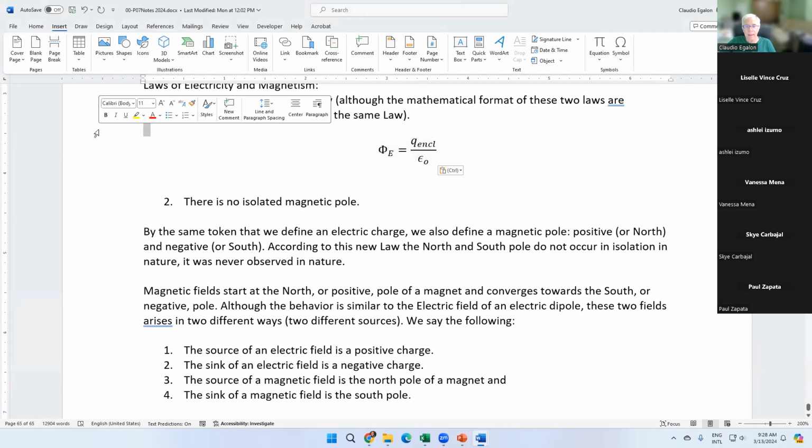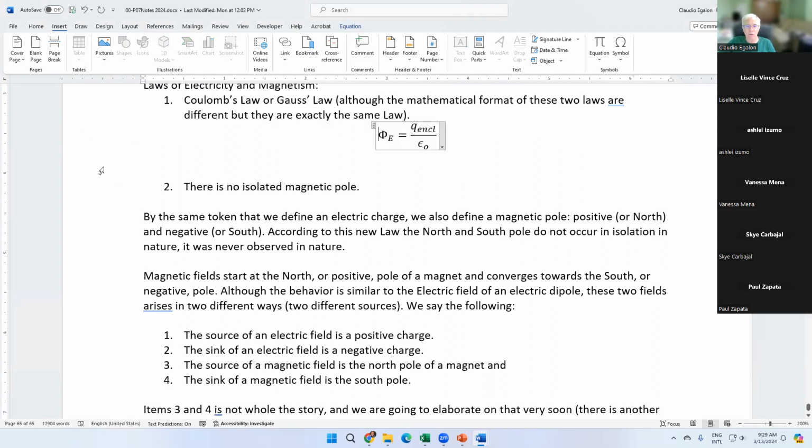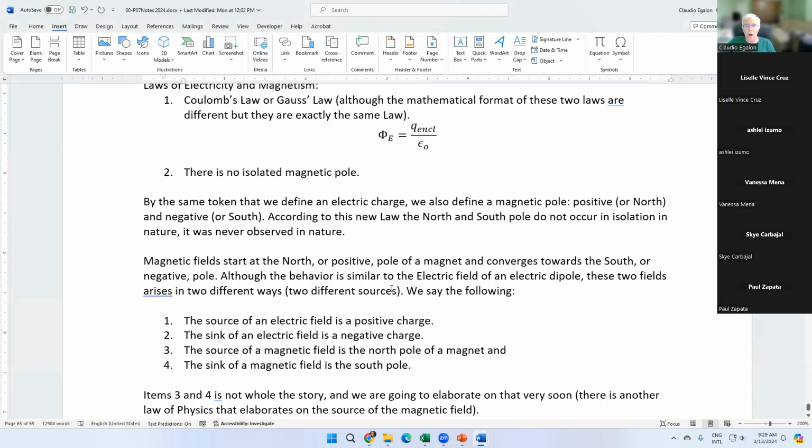That's the mathematical expression of Gauss's law. Coulomb's law is simpler than that, but Gauss's law is broader than Coulomb's law.